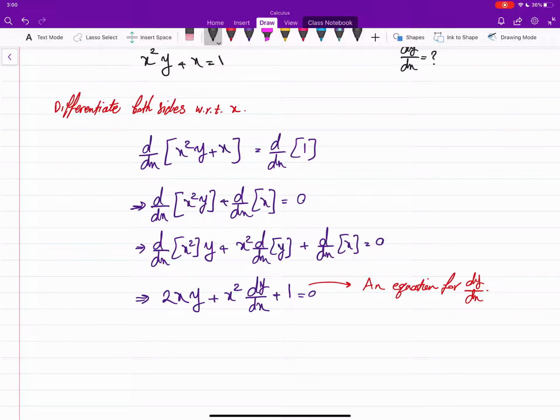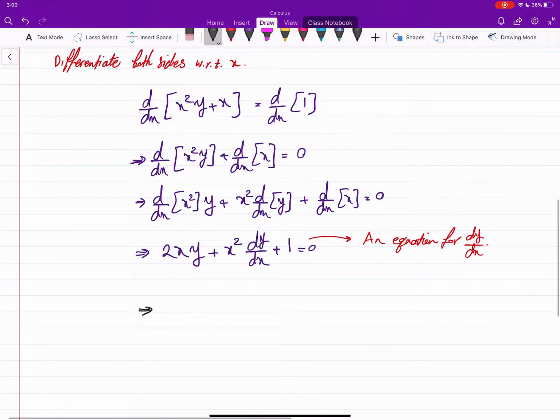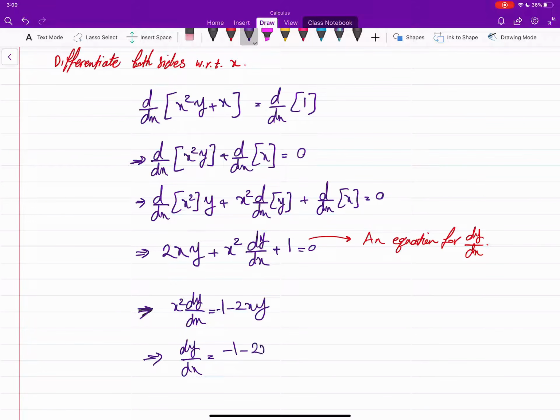So solve it. What we have is x squared dy dx. Isolate this, minus 2xy, and then divide. dy dx is 1 minus 2xy over x squared.